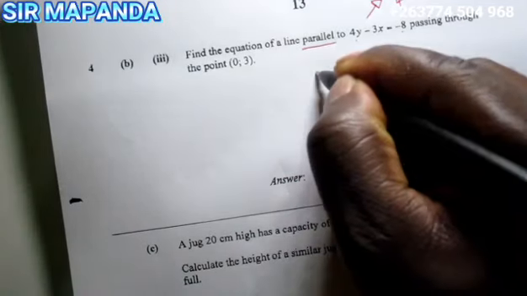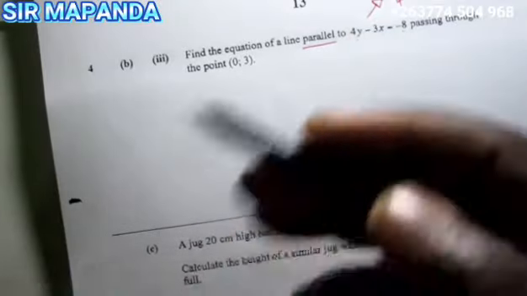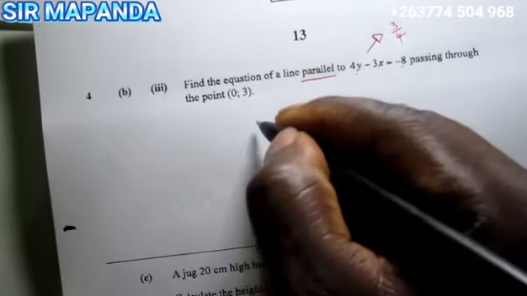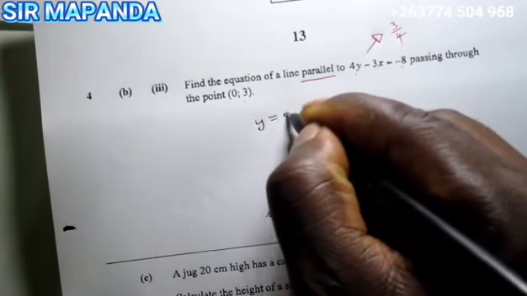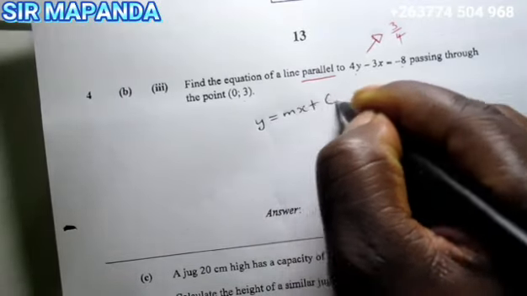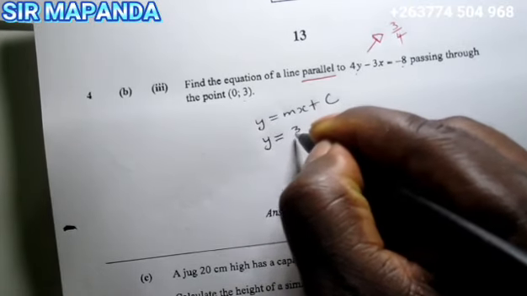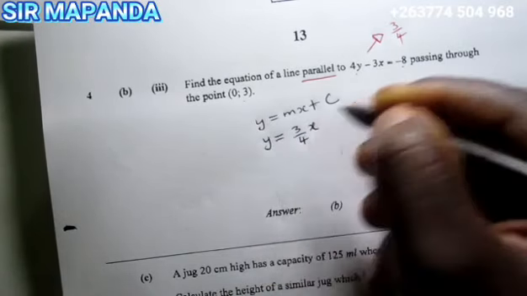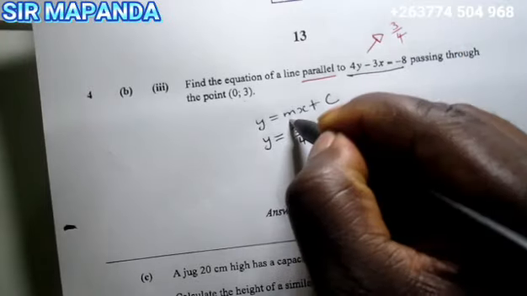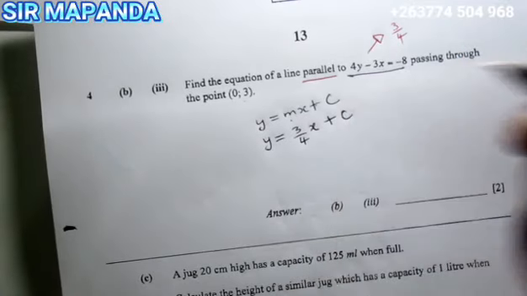So the first thing to write whenever you are given a question, find the equation of the line, you start by writing y is equals to mx plus c. Then after that, you put 3 over 4, the gradient of this line, on m. Then you write plus c.